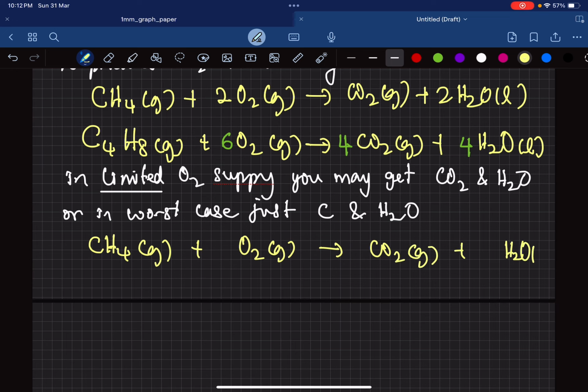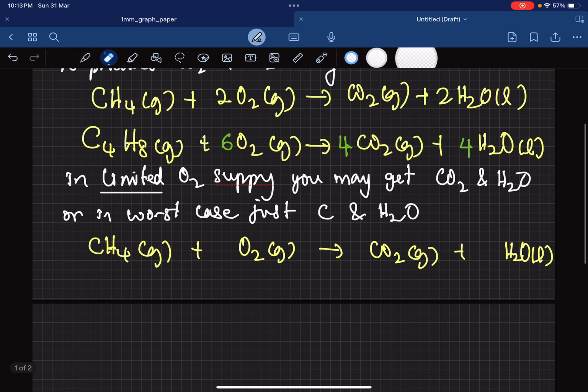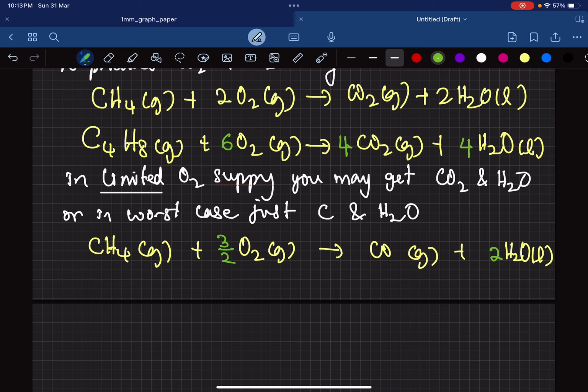Okay, so again, let's balance this equation. 1 carbon here, 1 carbon here. Oh, sorry, I made a mistake. This was supposed to be carbon monoxide. Okay, so I have 2 hydrogens here, so I need to put a 2 here to balance. Oxygen wise, I have 2 plus 1, 3, so I'm going to put 3 over 2 oxygen.